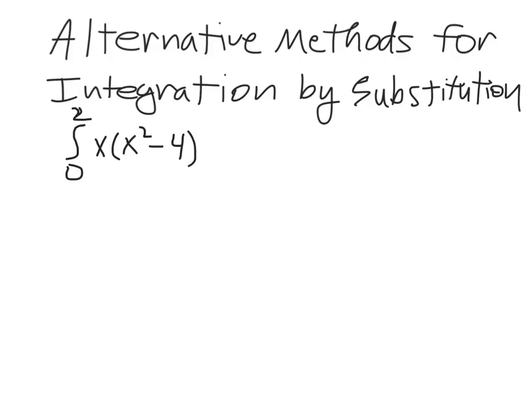If we have this definite integral, our fundamental theorem says if we can find the antiderivative of our function, then we can plug in our numbers, F of b minus F of a. In working with substitution here, we let u equal something, and in this case, what shall we let u equal?